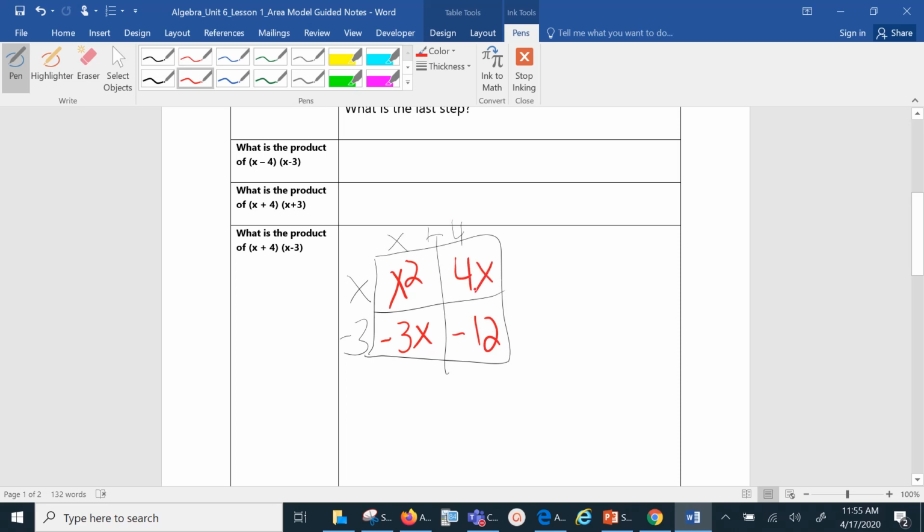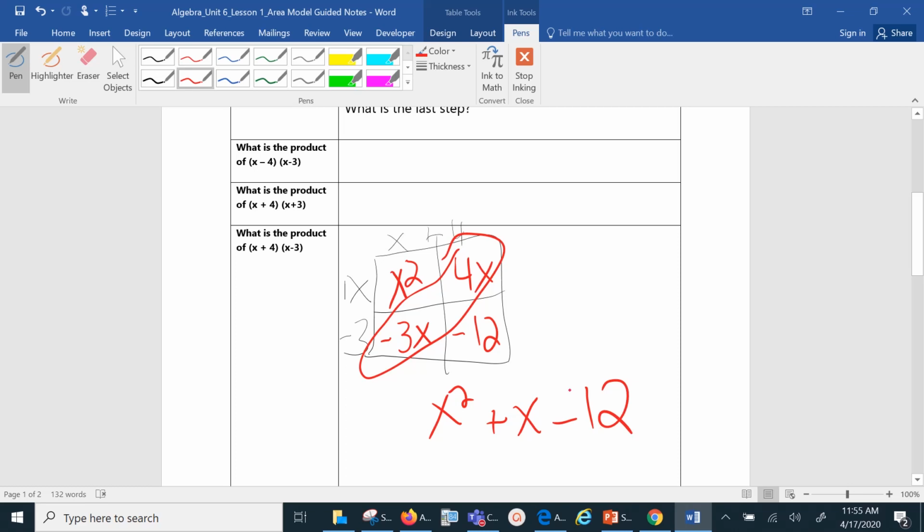All right, so when we combine these two together, step three, simplify, what we're going to get is positive 1x, right? If we take 4 minus 3, we get 1. X squared, which has been the same. And, oh, look, we still have that 12, but now it's negative.